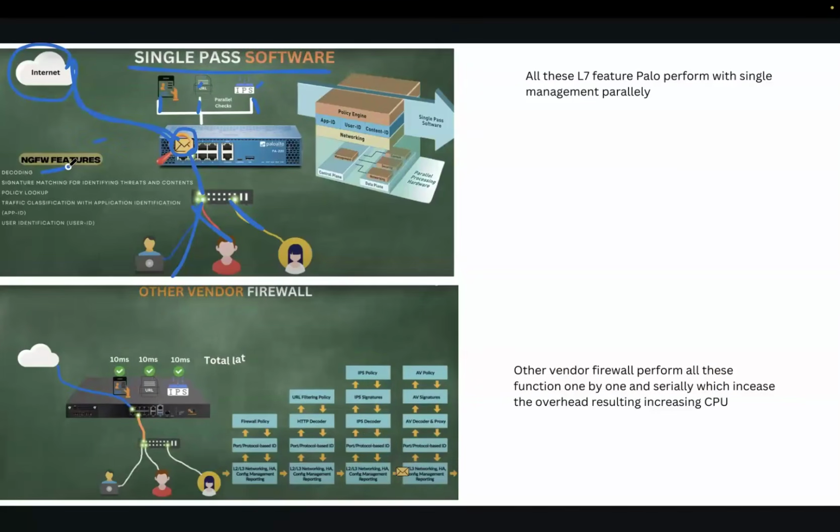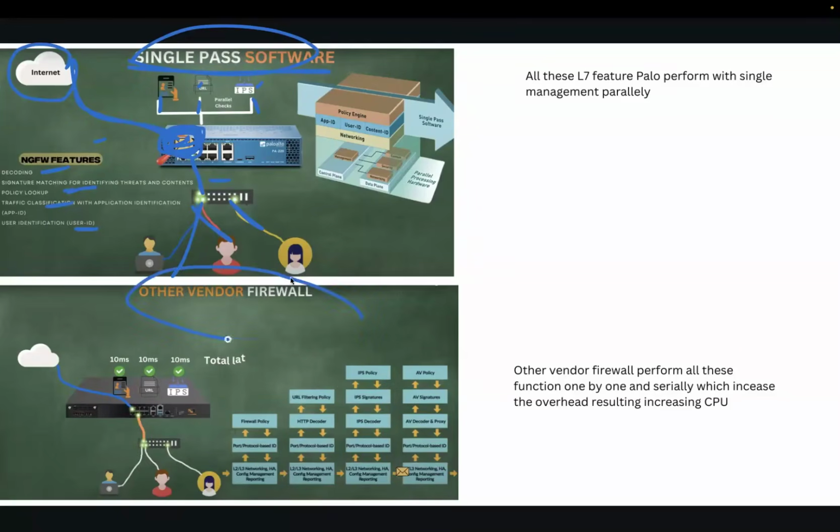Decoding, encoding, decoding, like in case of IPsec, signature match, I told you, in terms of antivirus. Policy lookup means which rule needs to apply. App-ID, User-ID. Everything is in one place, single pass software in PAN-OS itself. No different softwares. Single software. Okay, it will be done and go out.